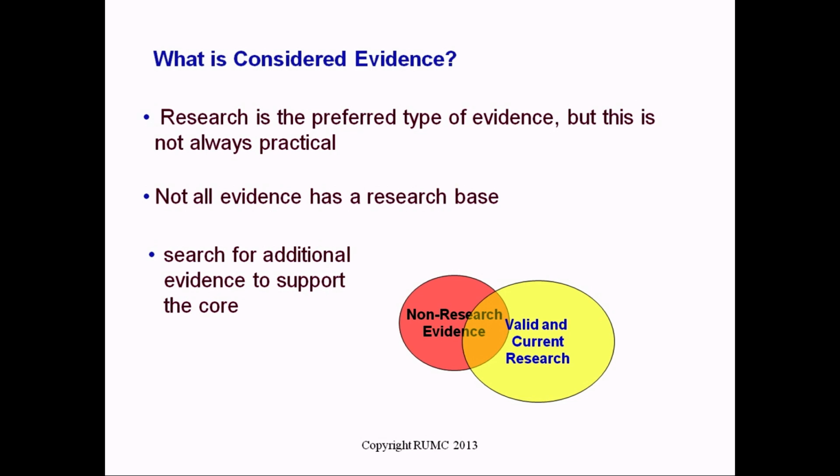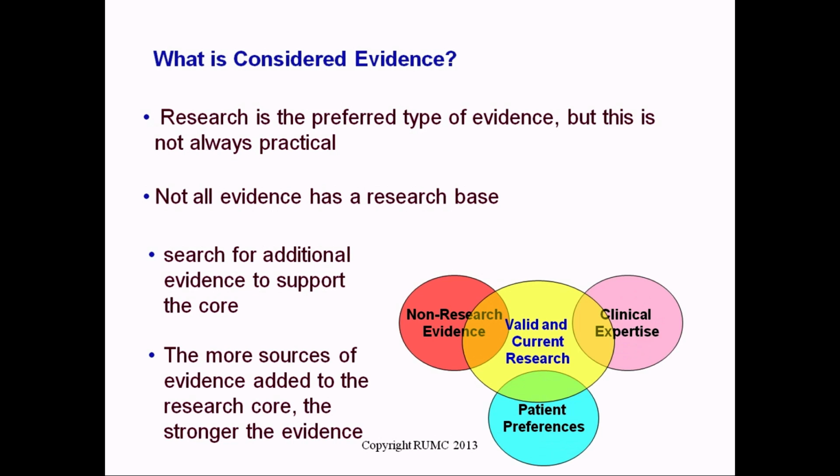For example, there may be case studies that you may include. Certainly, as we mentioned before in the previous module, you have to consider patient preferences and clinical expertise. So the more sources that you can add to your core, the stronger it becomes.